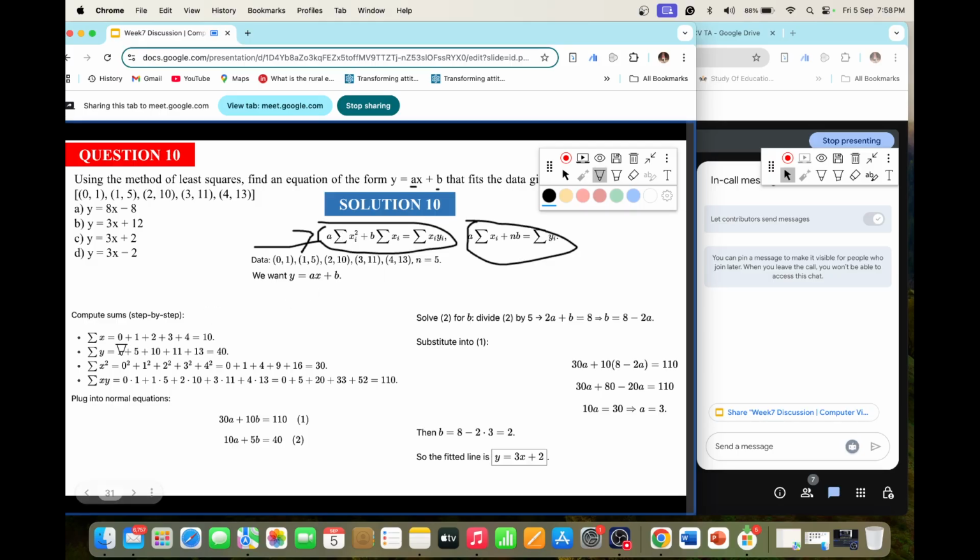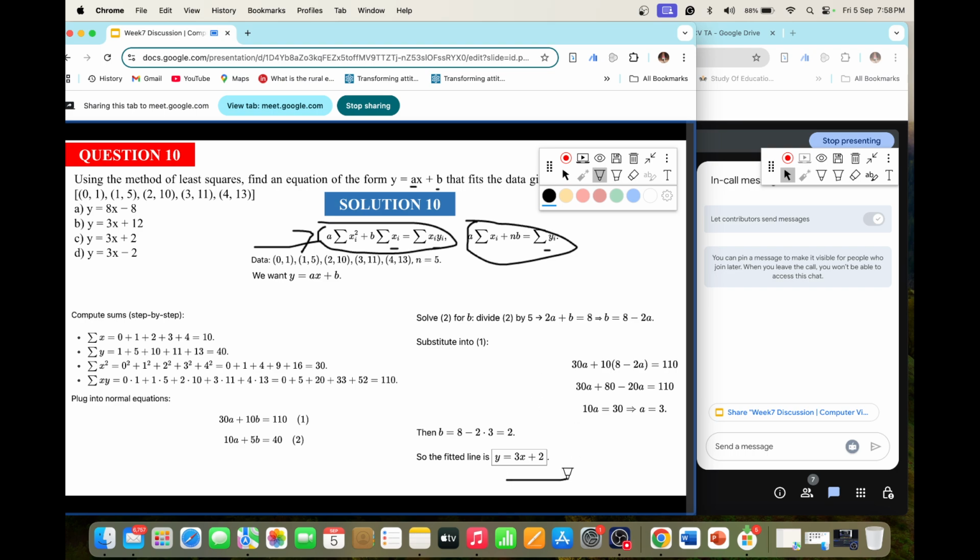You calculate sigma x square, sigma x, sigma xy, and sigma y, put them in, and solve to get the slope and intercept, or a and b.